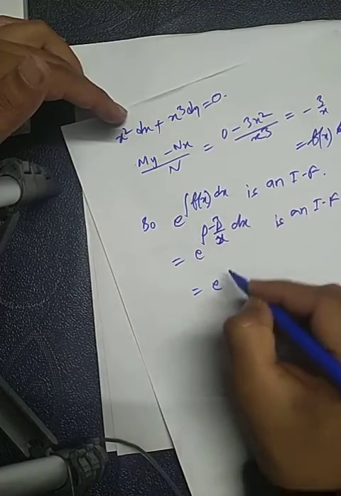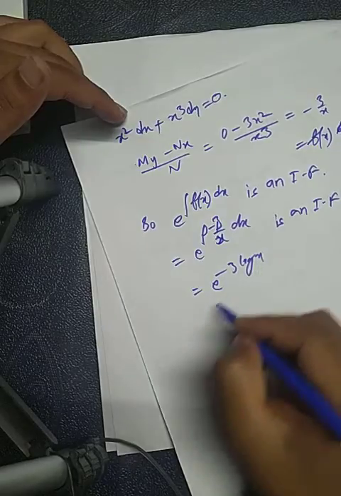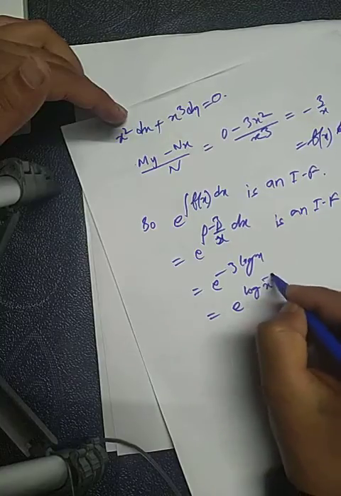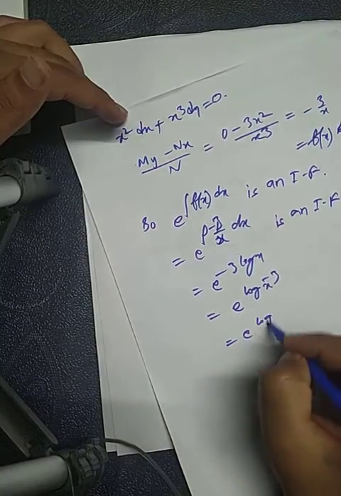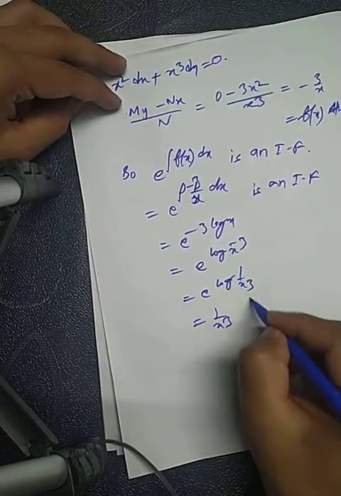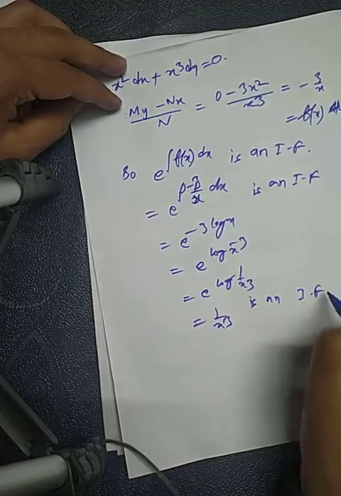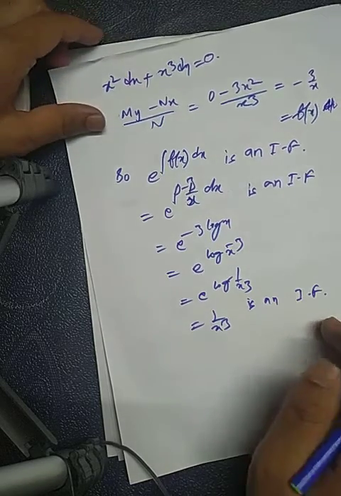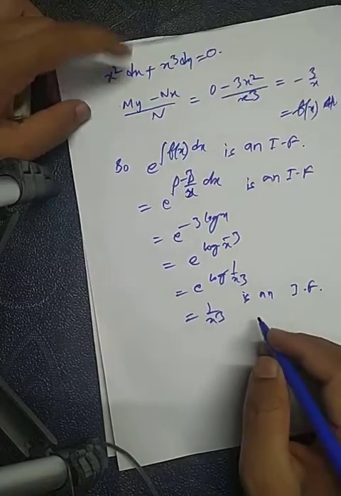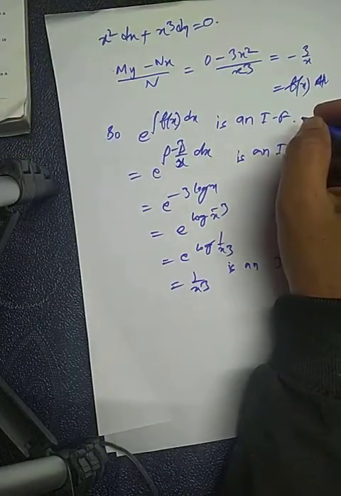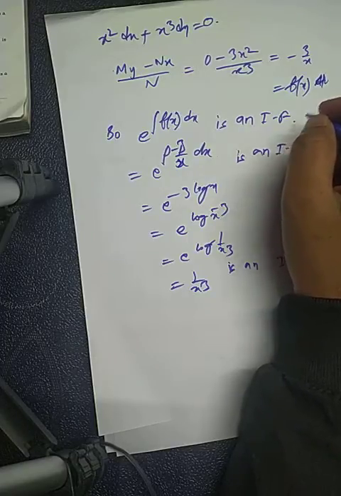It is equal to −3 log x, so it is e to the power log x to the power −3, which is e to the power log of 1/x³, which is 1/x³. So 1/x³ is an integrating factor. That is, multiplying by 1/x³, we will get an exact differential equation.